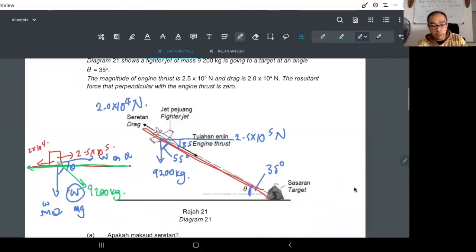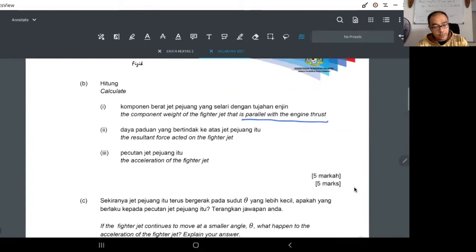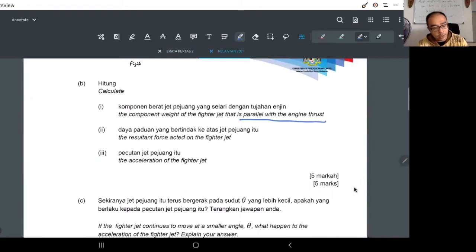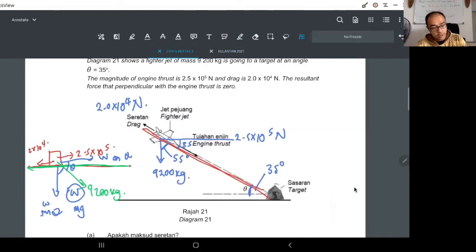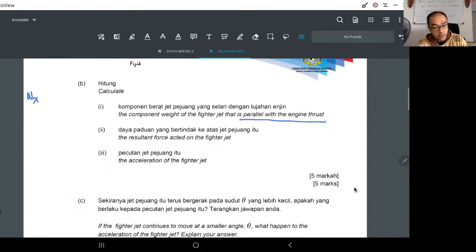So the component weight, I'm going to call it WX, for this one. So WX equals W cos 55.